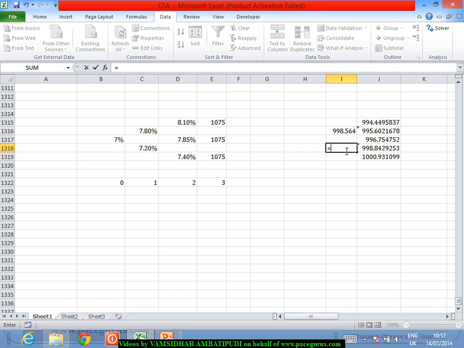And the same logic I can apply again, saying this particular value I discount by 1 plus 7.2%, but at the same time add a 75 to it. So this is the value that it is going to be at the end of 1 year.